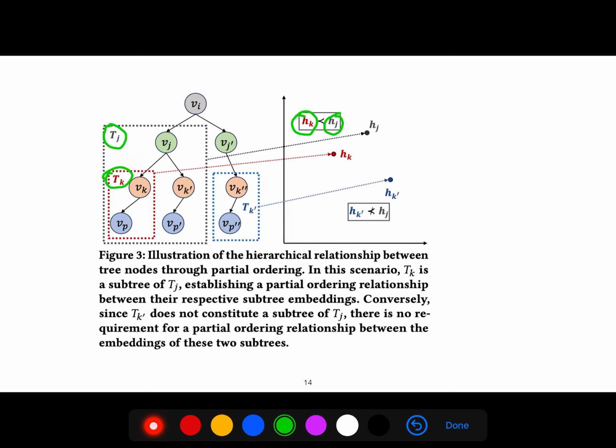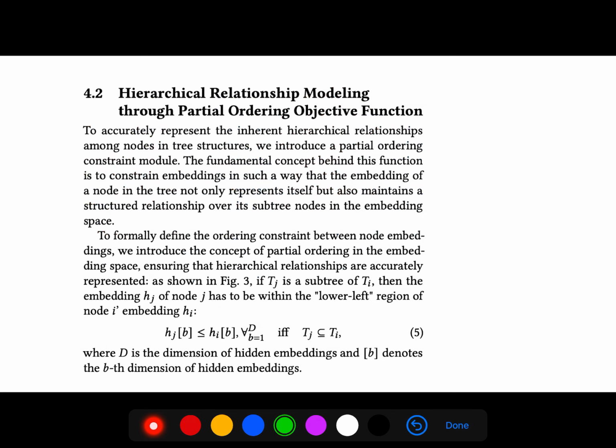So this is a kind of partial ordering and also corresponding partial representation as well. So this is how we are encoding this information.